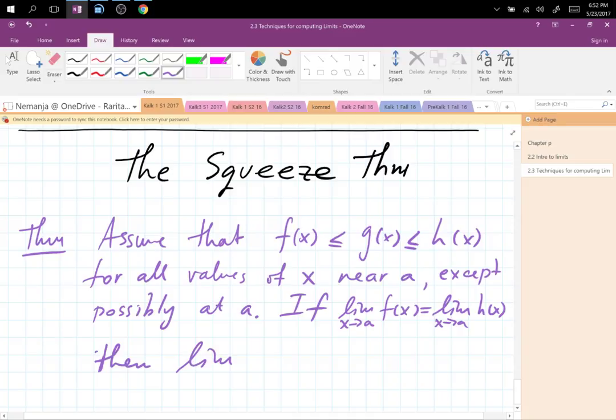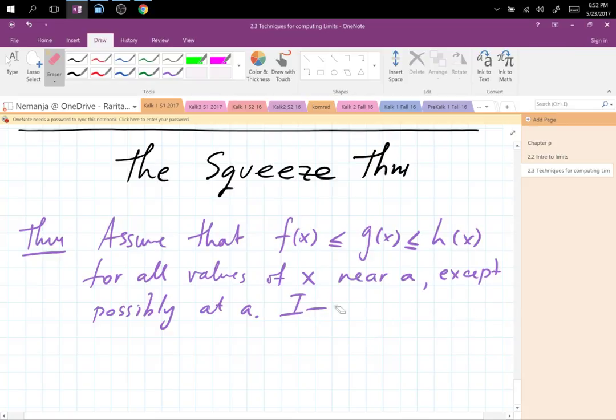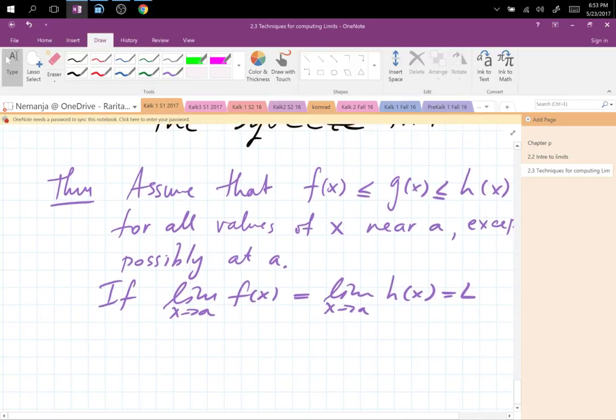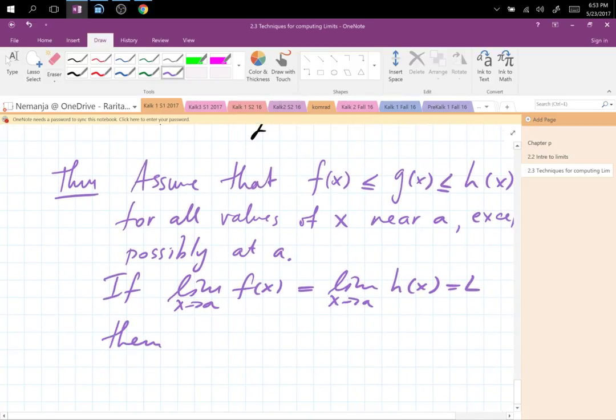the limit, oh, all of that, I don't have the room there. All right, switching it down. I'm going to write the same thing. You don't have to kill anything. So if the limit as x goes to a of f of x is the same as the limit as x goes to a of h of x, some value L, then the limit as x goes to a of g of x, which was the evil function, is also L because it's sandwiched in between.